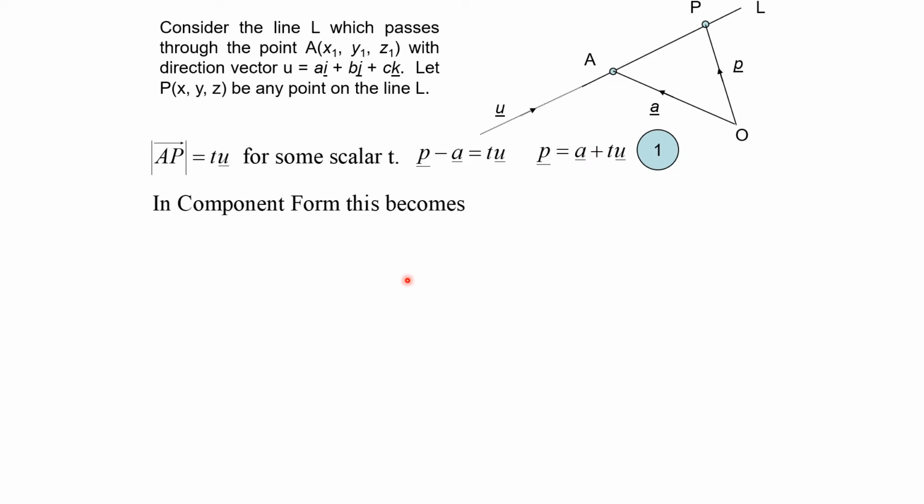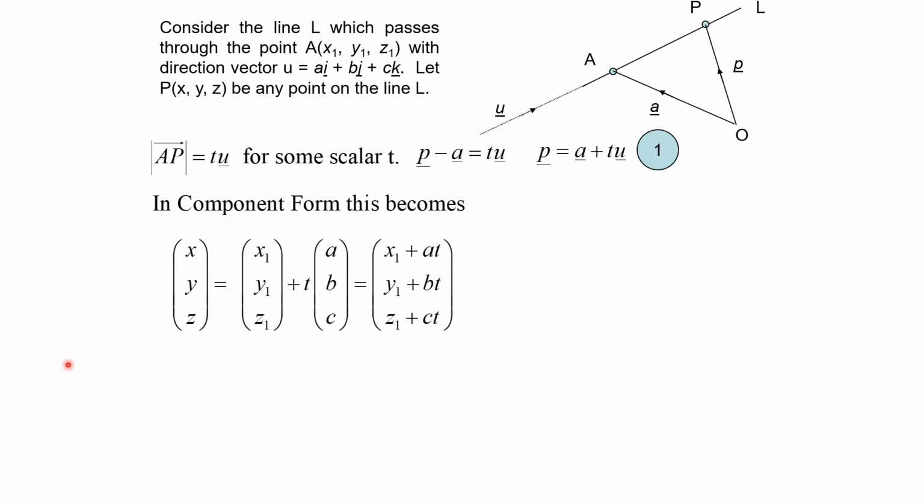If you write it out in component form, it becomes this. For the respective x, y, and z, it equals A, which is represented as x1, y1, z1, that is point A, plus the scalar t multiplied with a, b, and c respectively.